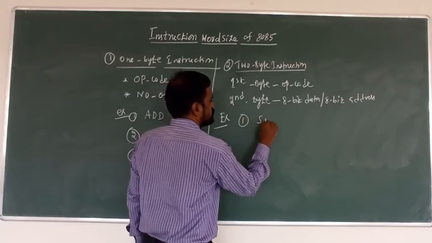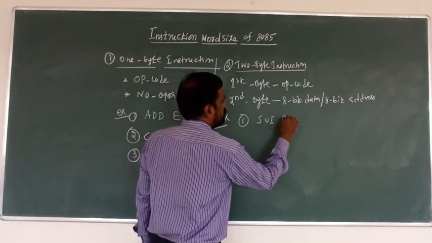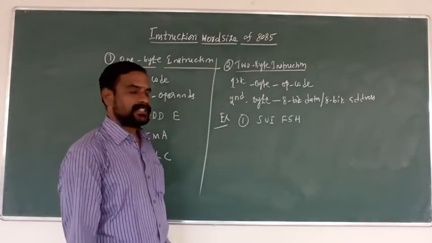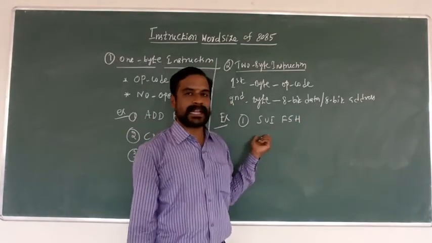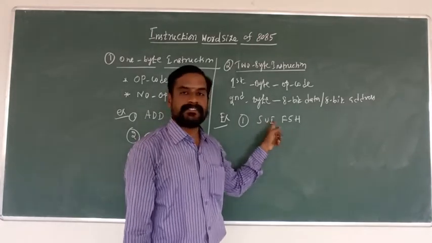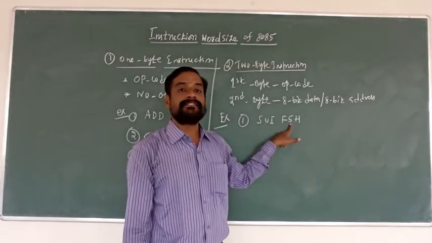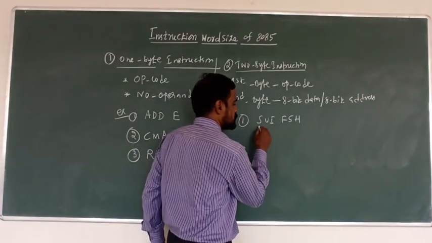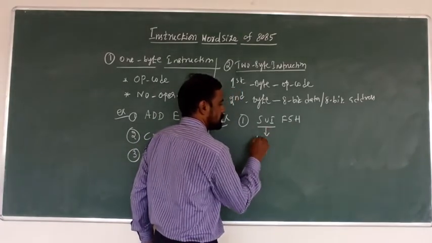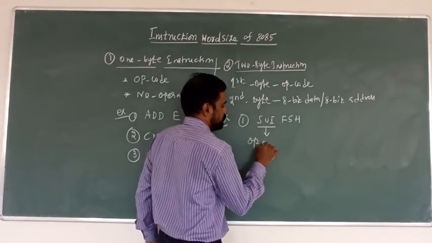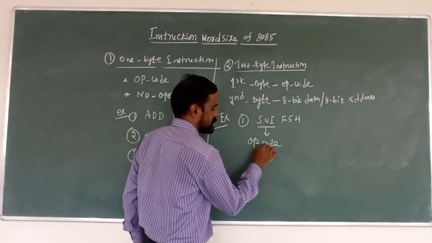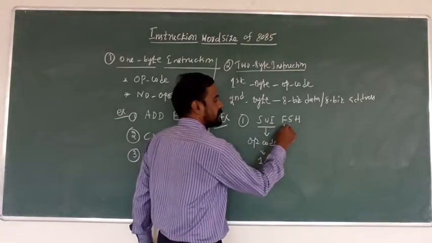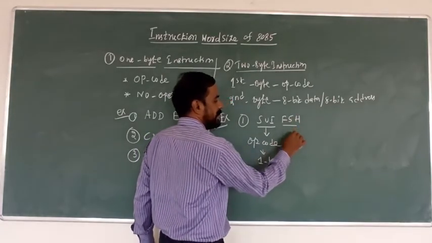First example, SUI F5H. SUI means subtract from the accumulator content the given F5 data. Okay, this is a 2 byte instruction. The first byte is the SUI opcode, a 1 byte instruction, and F5 is 8-bit data.